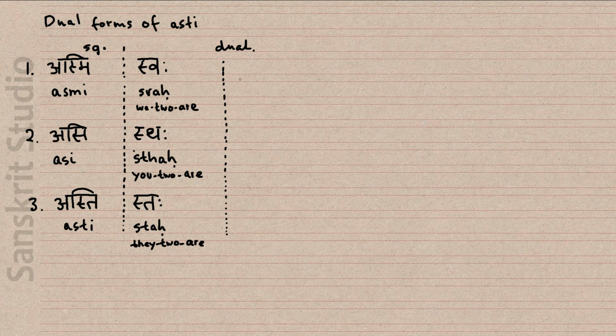But regardless, what we can do is compare this with the dual for another verb. Let's take the other word for being, or to be, or existing, or whatever you want to call it. So we can take bhavati, right?